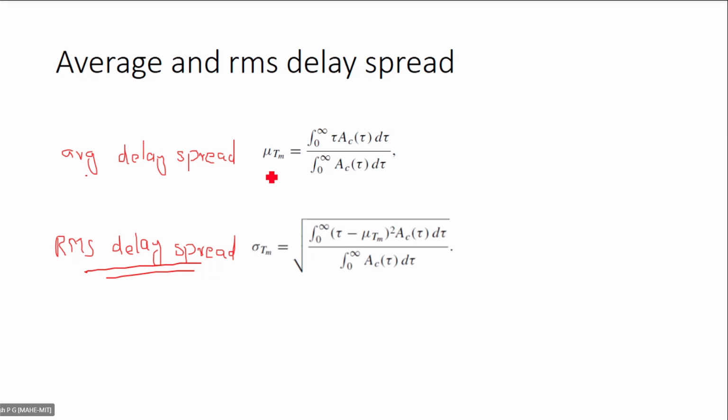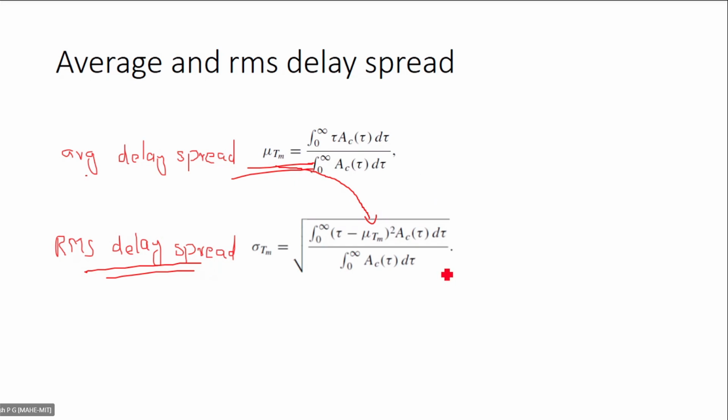And once we have this value, what we are going to do is we will put this value here, mu Tm, and then we'll find RMS delay spread. So sigma Tm is equal to root of integral 0 to infinity (tau minus average delay spread) whole square into AC tau d tau by integral 0 to infinity AC tau d tau.